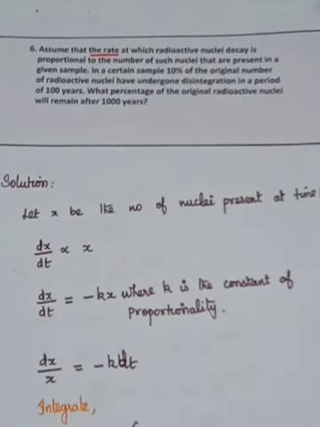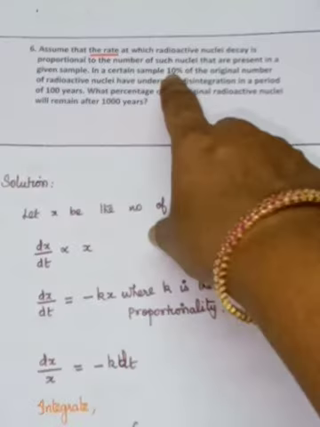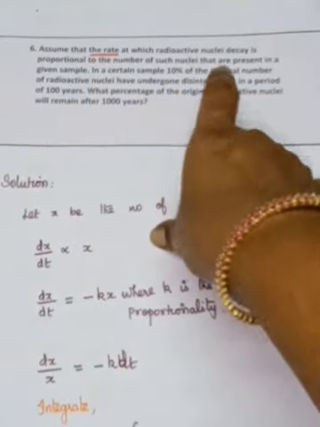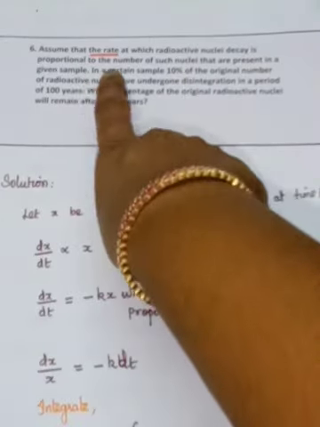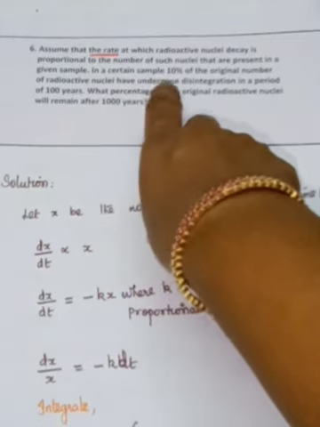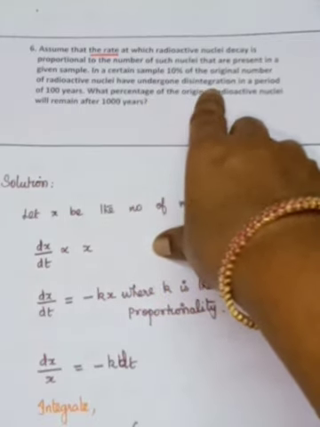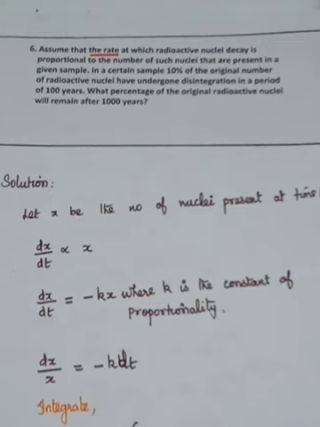How much has undergone disintegration, how much is remaining? Here they have said 10% of the original number have undergone disintegration. So 10% is gone.